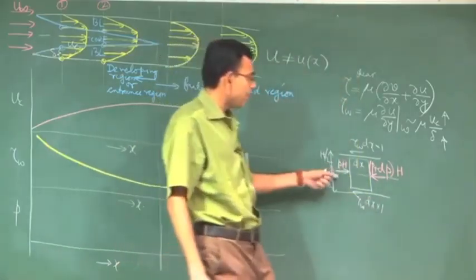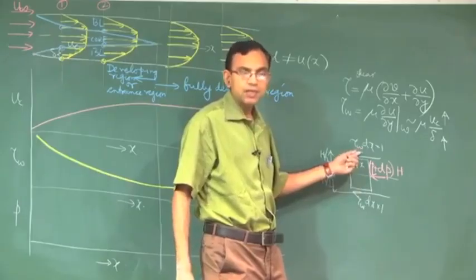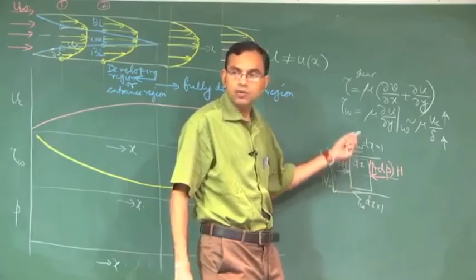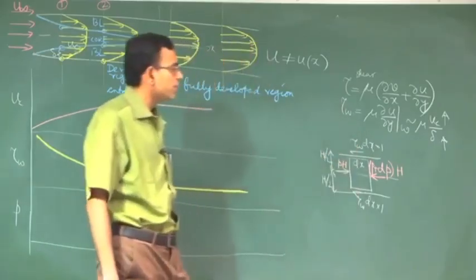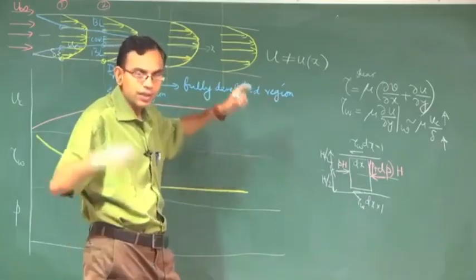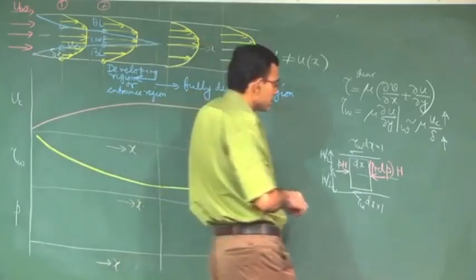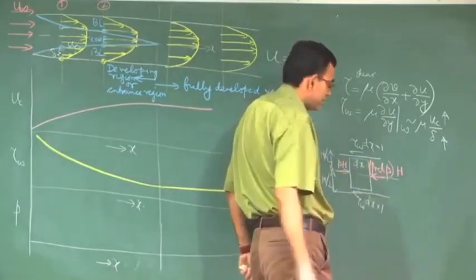So, we are assuming that P is only a function of x and not a function of y. This assumption can be justified from the y momentum equation, where P variation in y is 0, because there is no y component of velocity. We will see that later on when we discuss the full Navier Stokes equation.